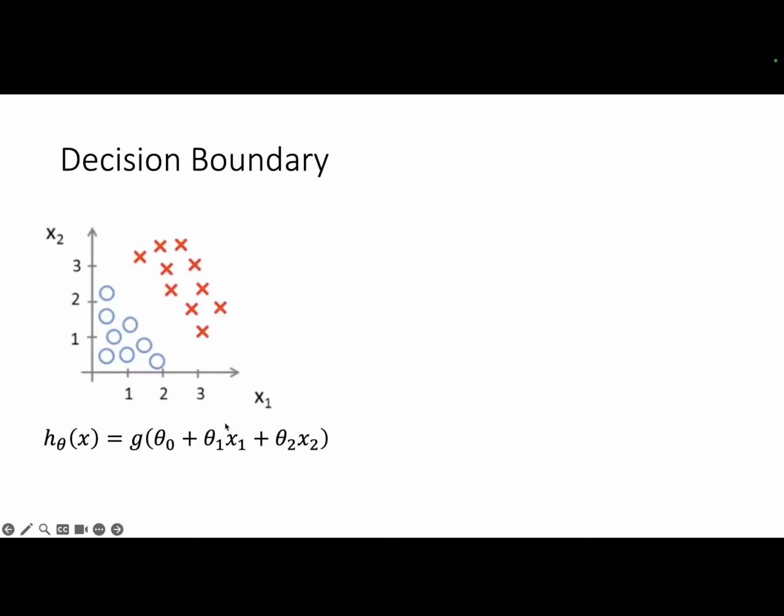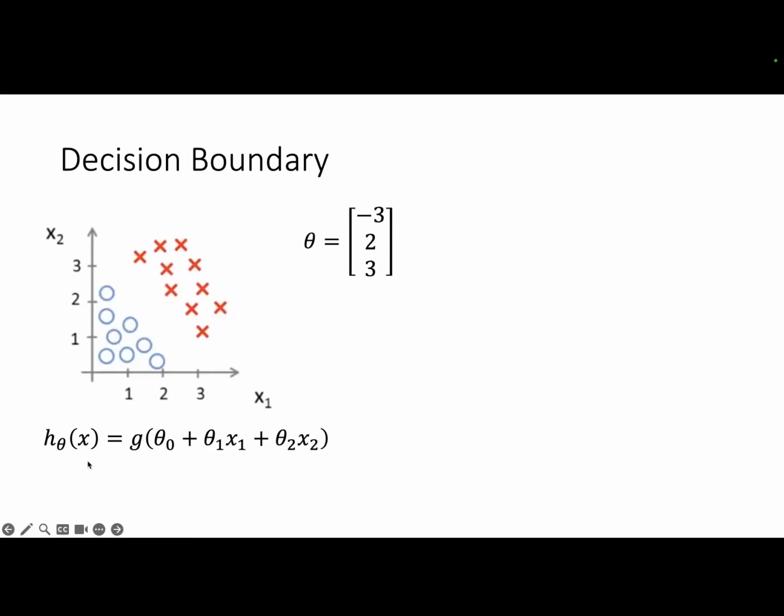So x1 has a weight theta sub 1, and x2 has a weight theta sub 2. And then this theta naught is the bias. And of course, we also have x naught here, but x naught is just equal to 1. If we're going to use the sigmoid function, then g of theta sub t times x is essentially your hypothesis.